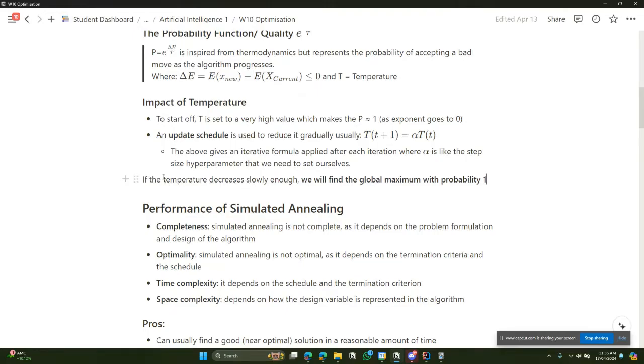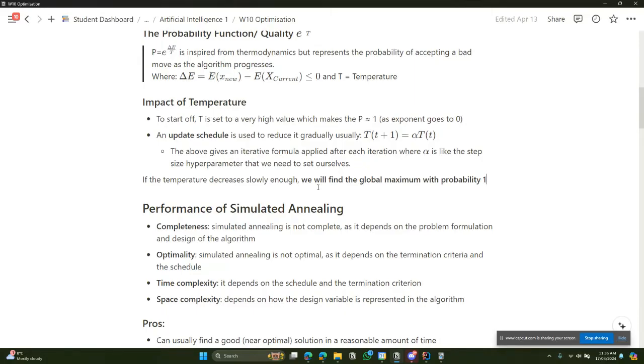So yeah, that's a fair point from Ollie. He's saying that he's just looked it up. The value of alpha, aka the step size, to define how we're going to do the update schedule of temperature, is always approximately equal to 1. So it could be 0.99, let's say.